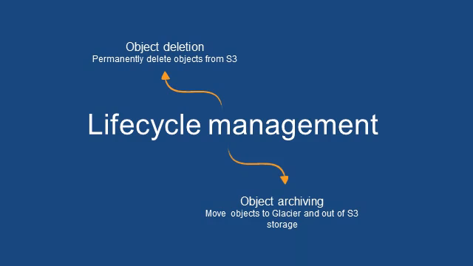Now, for those of you that have previously administered traditional storage systems, these could be regarded as advanced features, but when you're dealing with the kind of scale of objects and the scale of data that many customers that are using AWS S3 are, these are really essential tools to reduce the cost of managing your objects once you've created them. So we find that many customers use these features, even though you might consider them advanced features if you're used to traditional storage infrastructure.